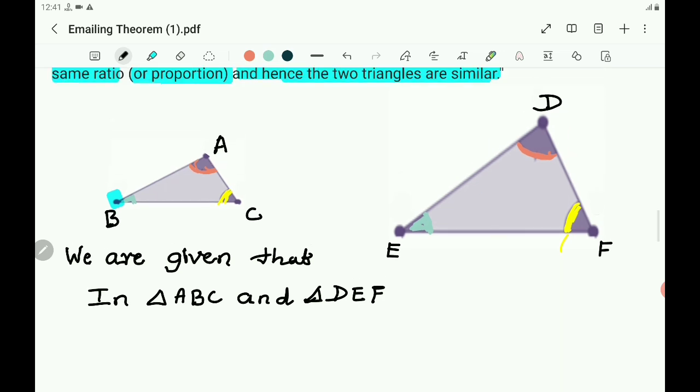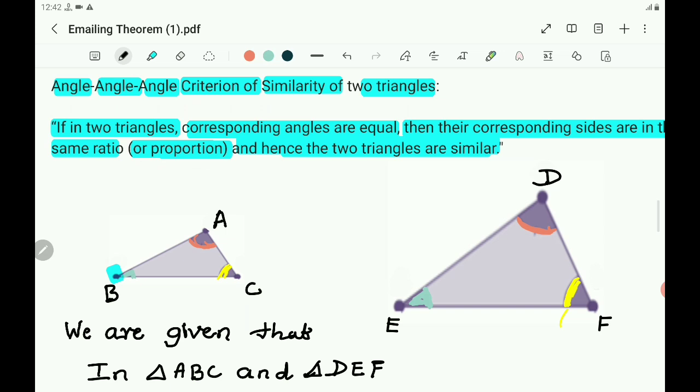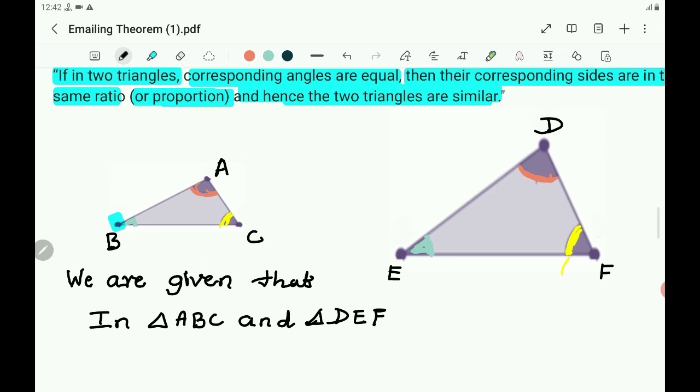What are equal here? Corresponding angles are equal. Given that angle A equals angle D, as shown in the figure.